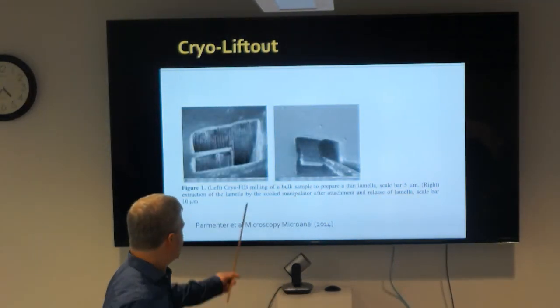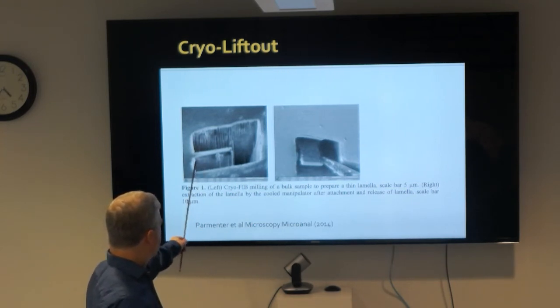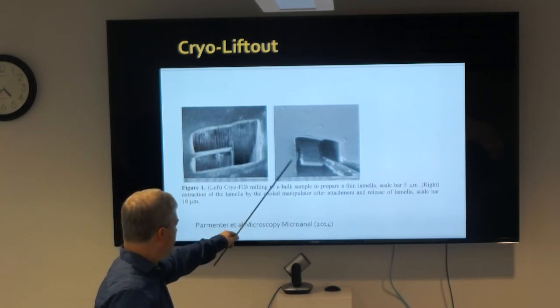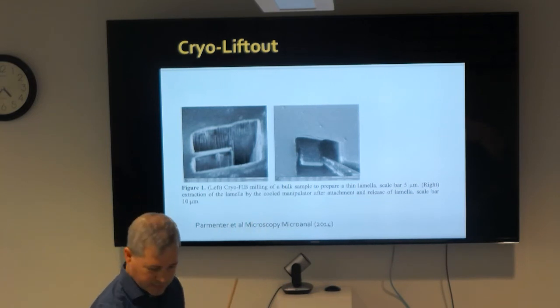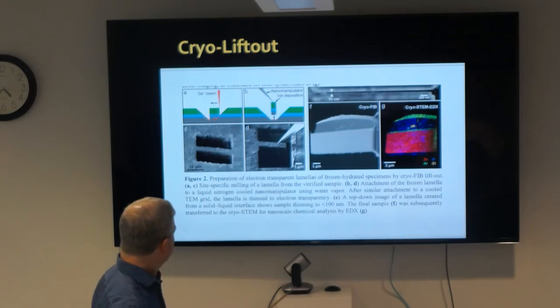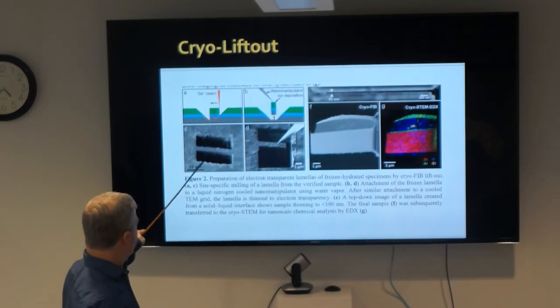This is another example of another group from Albany, where they did cryo lift out, and they did the same sort of thing where they cooled it and then glued it with water in this case, and were able to lift it out. So this is sort of the idea. Again, you find an area of interest, dig trenches in front of it.